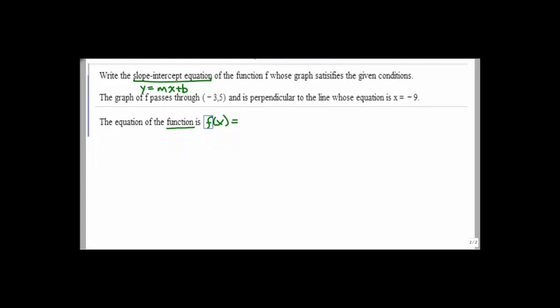Okay, so let's focus on how we find that now. The graph has to satisfy the given conditions. It passes through the point (-3, 5), and is perpendicular to the line whose equation is x equals negative 9. So it's perpendicular to x equals negative 9.